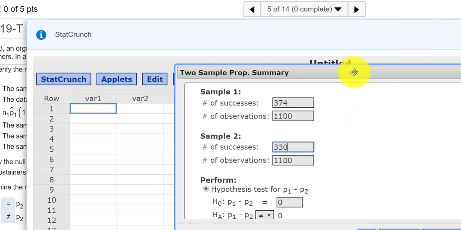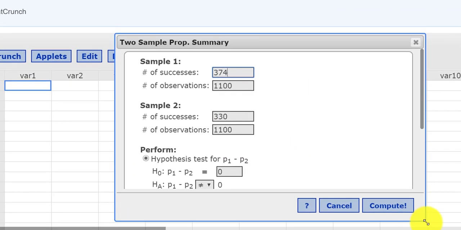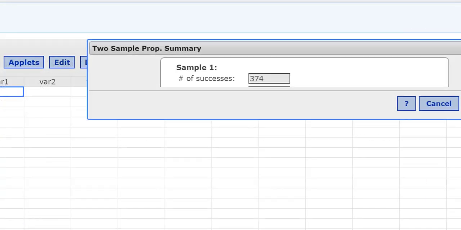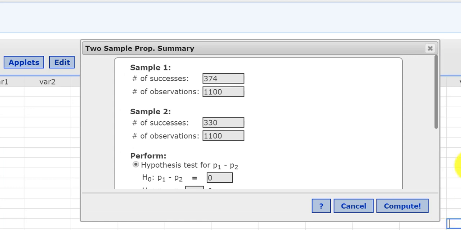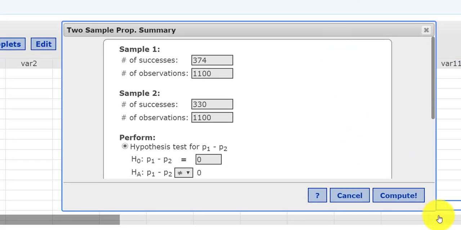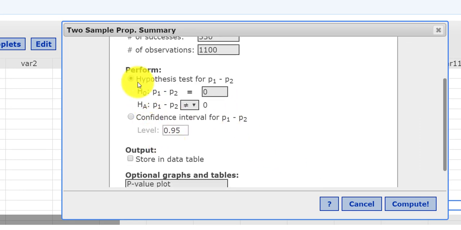And for our hypothesis test, see if I can make this bigger. Having technical difficulties here. Here we go. I click the hypothesis radio button, and I think that's all I need.